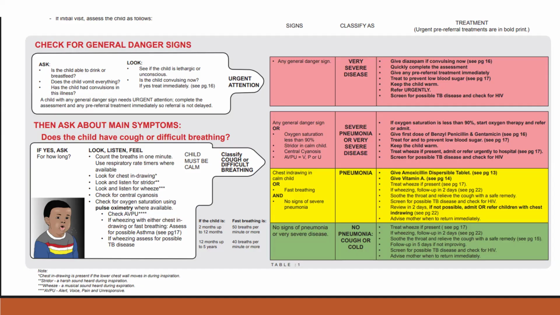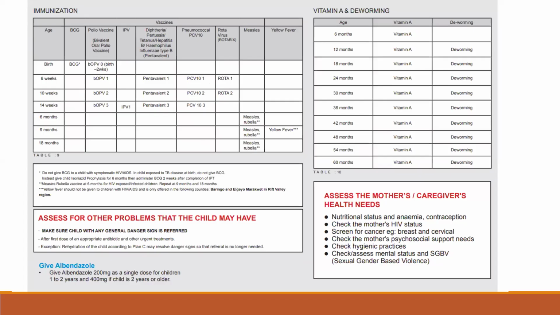So in the first step, you assess the child, you classify the child into either the pink, yellow, or green category, and then you offer the treatment to the child as per the plan. And in the next step, you ask about the immunization status of the child, which is also present in the IMNCI. So it involves all the vaccination from birth till 18 months of age.